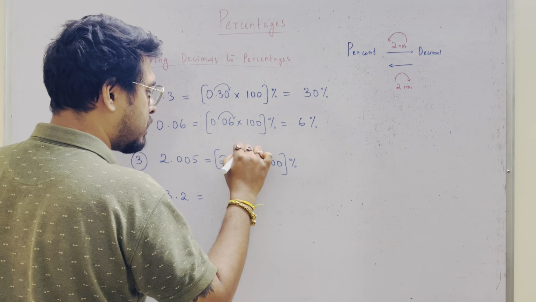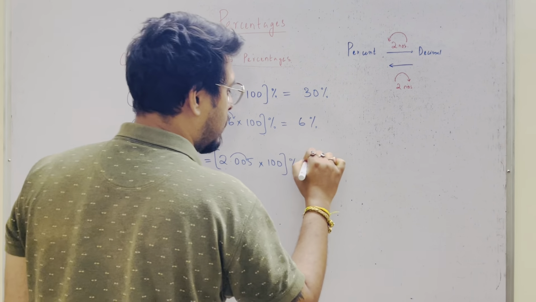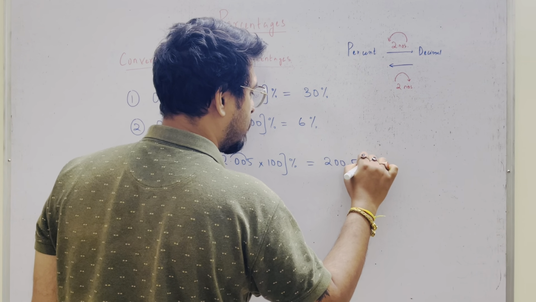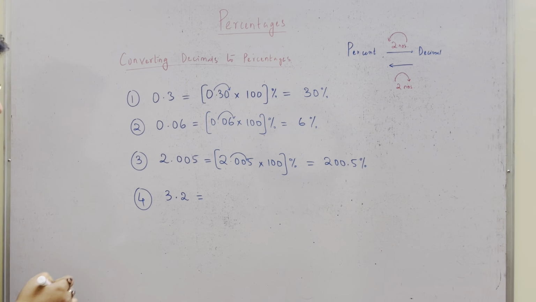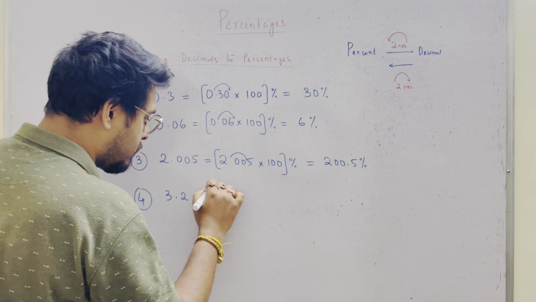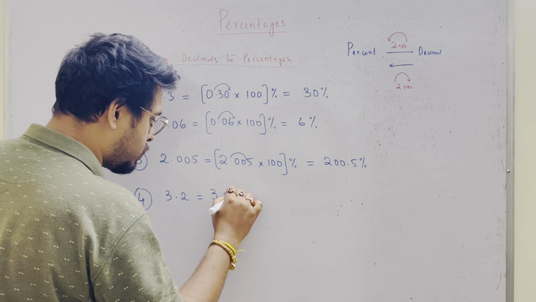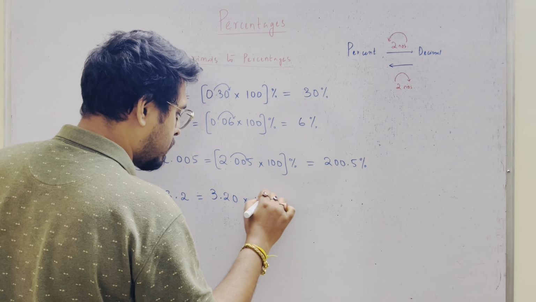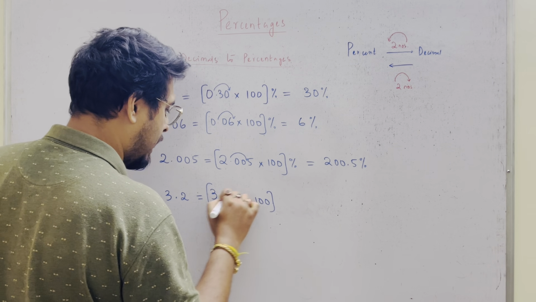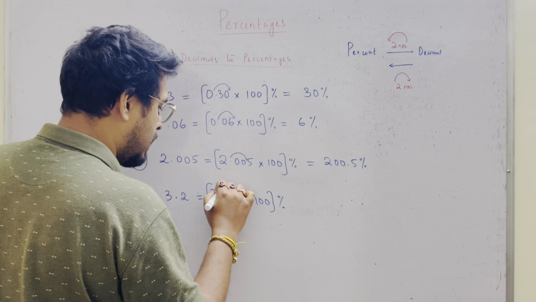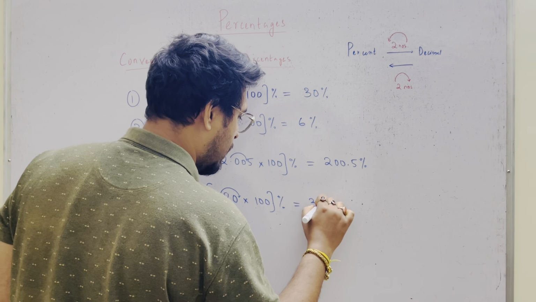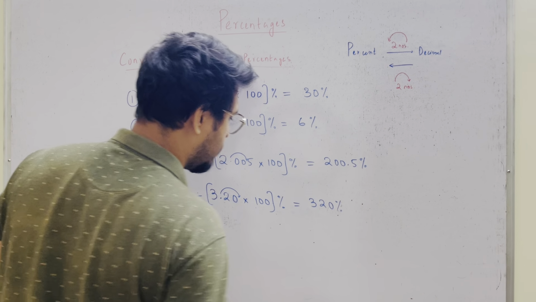Now 2 units to the right, so it will become 200.5%. And finally 3.2. We can make it 3.20 so that we have two numbers after the decimal point. Now times 100 ensures that it is in percentage. 2 units to the right, so it will become 320%.